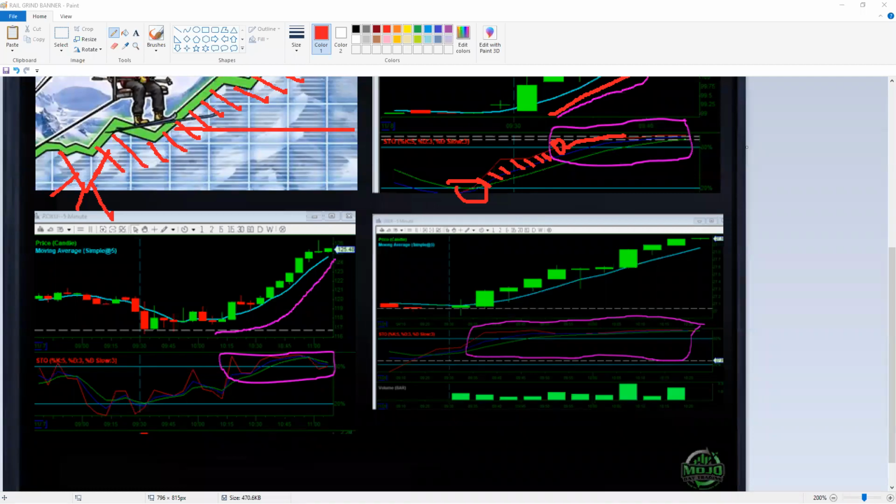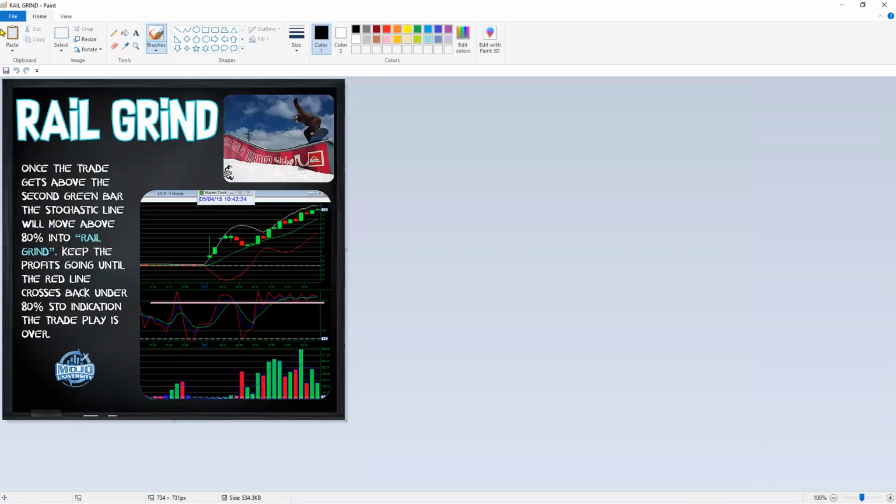I got to type in rail. Okay. That's the rail grind. See the guy on the snowboard riding the rail? This is the rail, the line going right across, 80%.